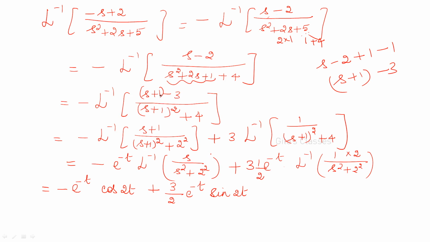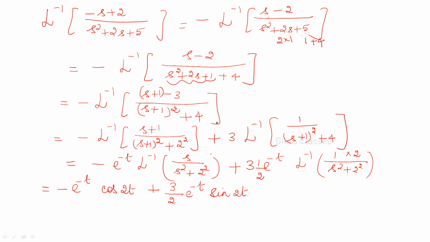That's what we have written here: s + 1 − 3. You need not worry about how to adjust it; whatever is required, you write. So + 1 I want, so + 1 and − 1. So s + 1, you can separate them. Minus 2 minus 1 is 3.